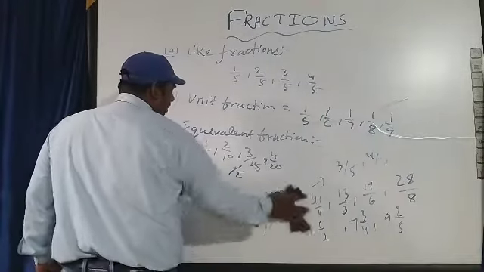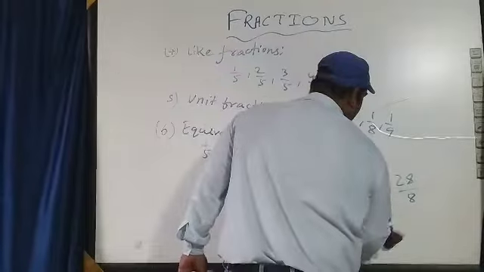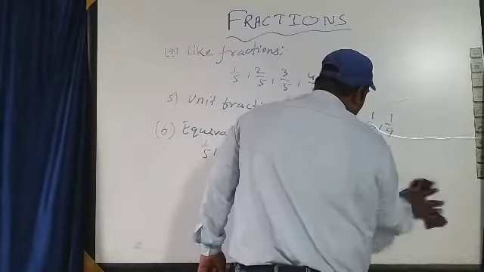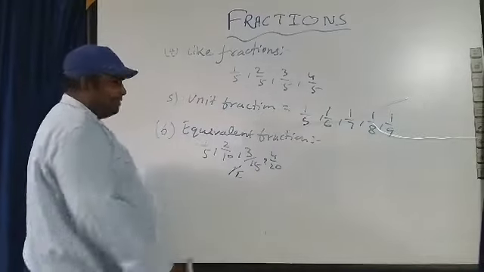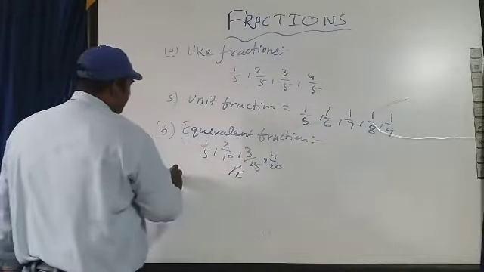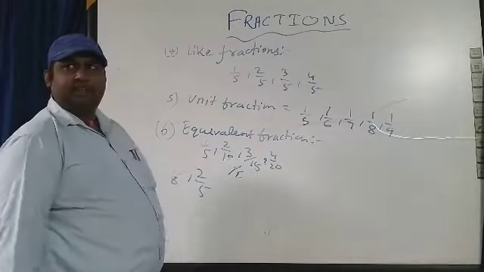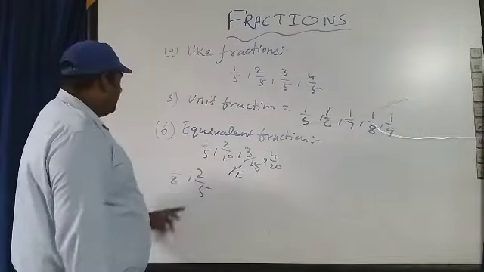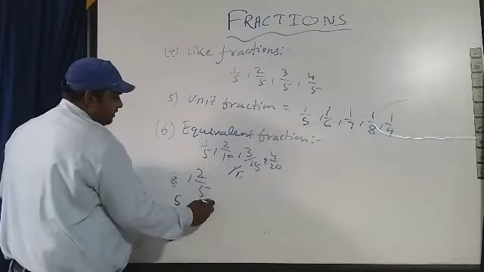Now, comparing two fractions, which is more and which is less. Suppose we have to compare 1 by 8 and 2 by 5. How can we find which is more? 5 times 1 is 5, 8 times 2 is 16.